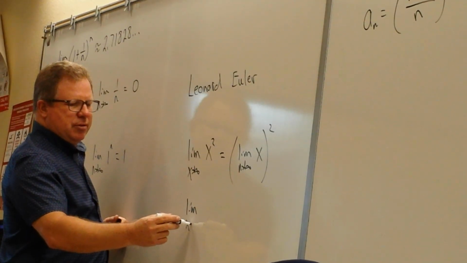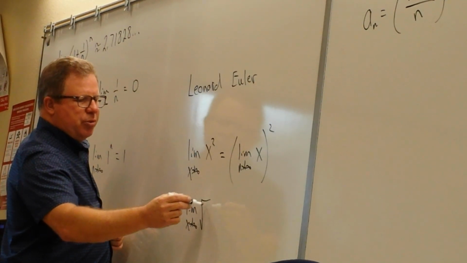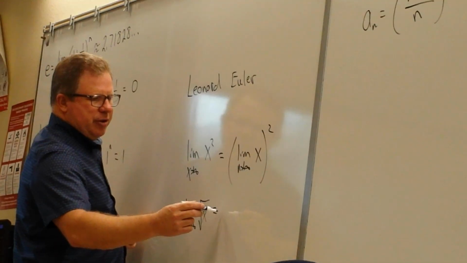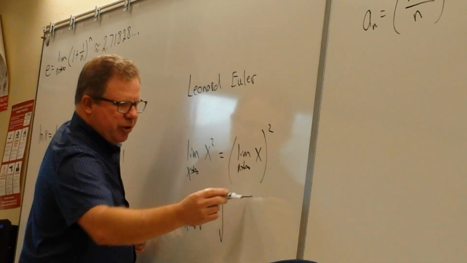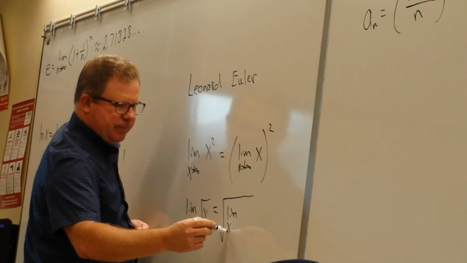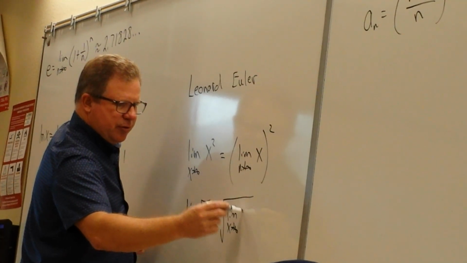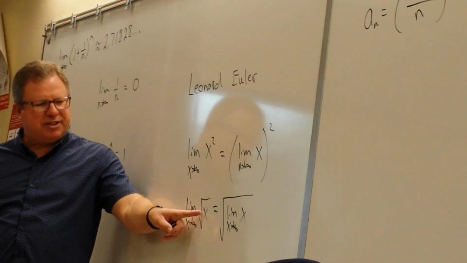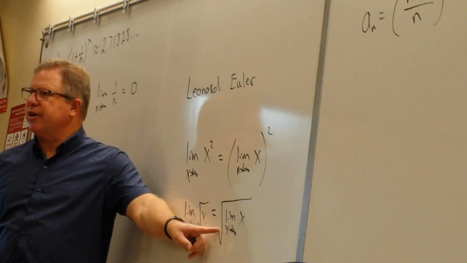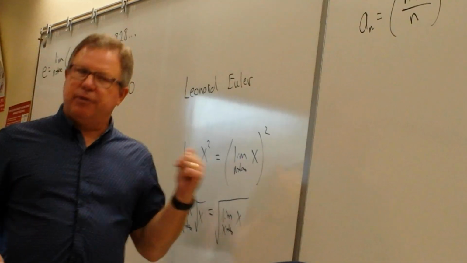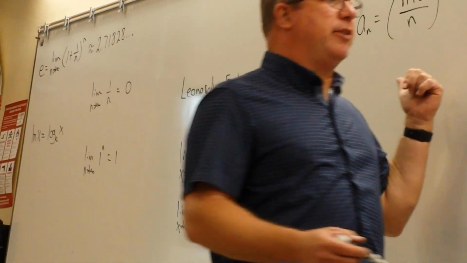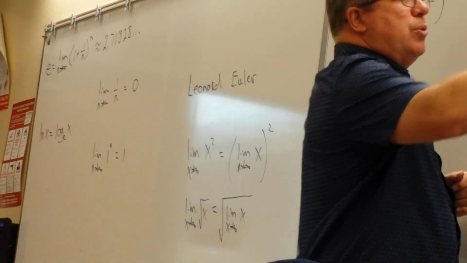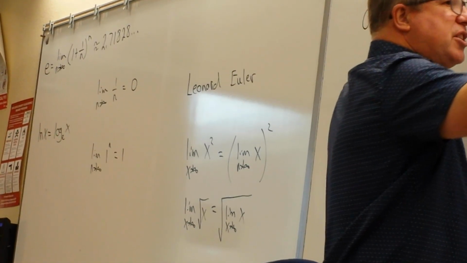Likewise, if you have square root x in here, it could be square root of the limit. So that function applied to x on the inside could be applied to the outside. There's a property of limits you learned in first semester calculus that says that. So likewise, if it's on the outside, it can go in.